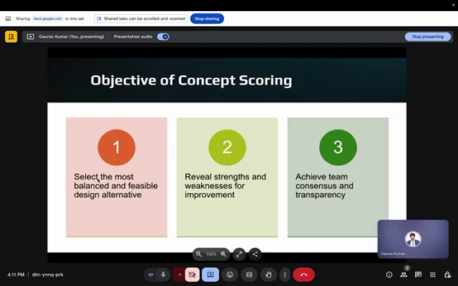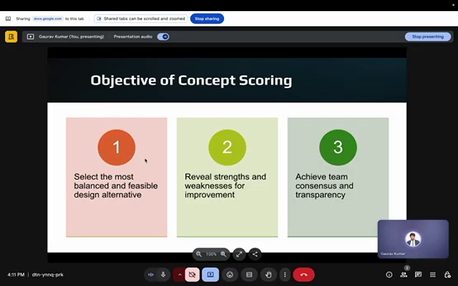Within the context of week 12, this objectivity reinforces design integrity by aligning the evaluations with evidence. Concept scoring ensures that the final design represents both creative innovation and analytical discipline, a true hallmark of professional engineering design. Okay.